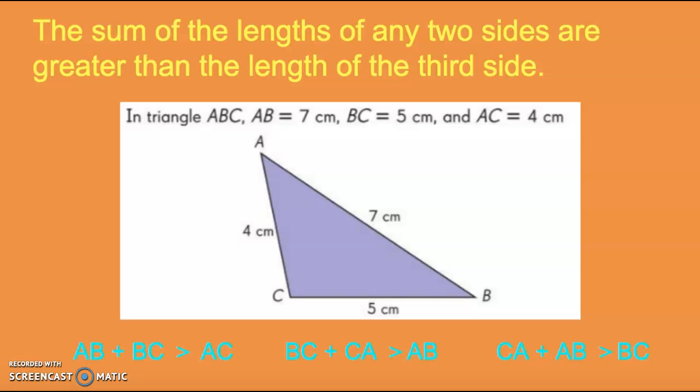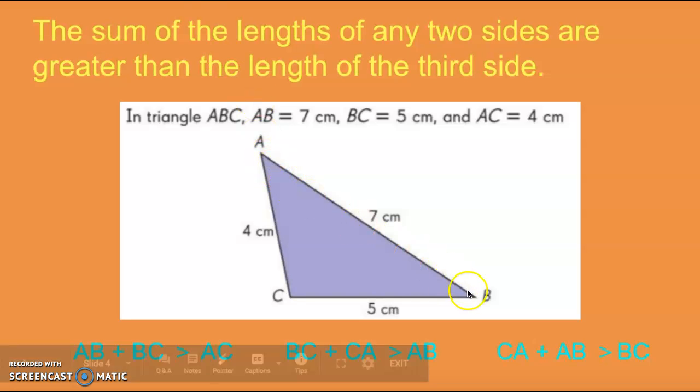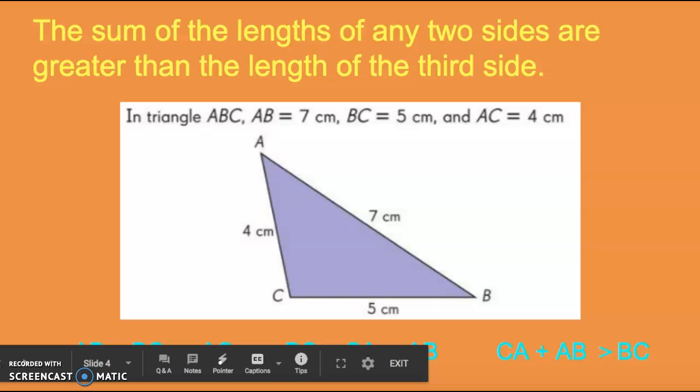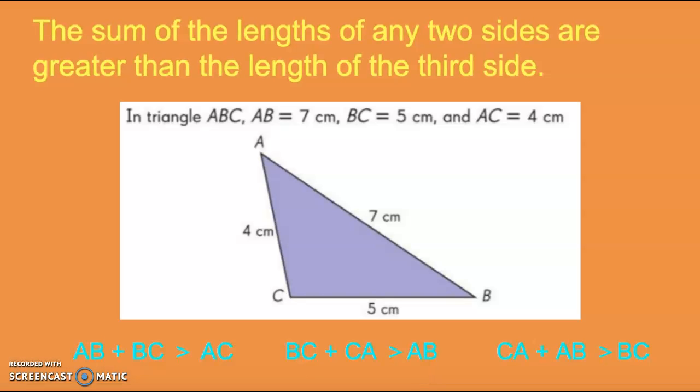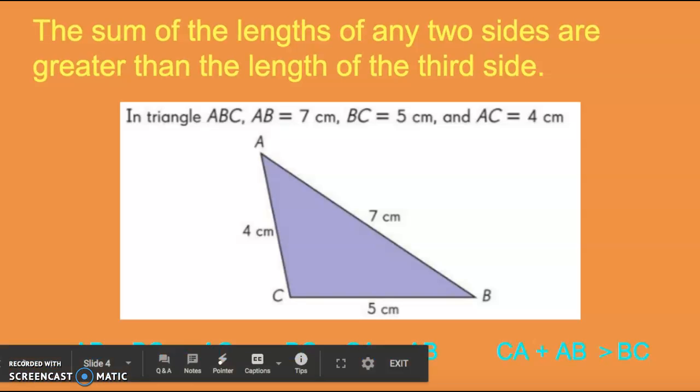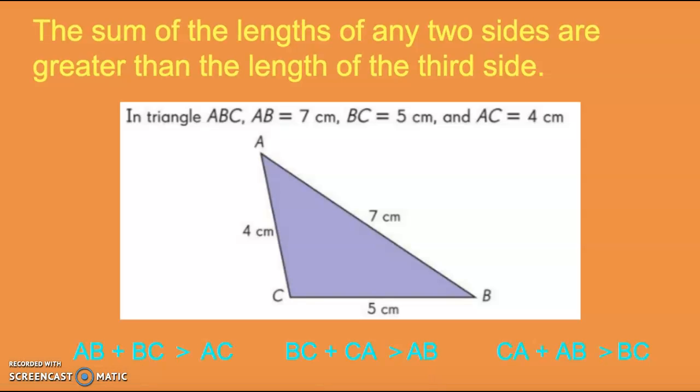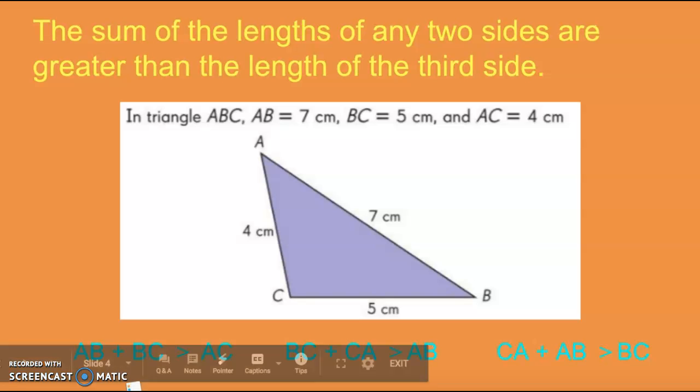Side AB together with side BC need to be greater than side AC. Likewise, side BC together with side CA need to be greater than side AB. And finally, side CA plus side AB together need to be greater than side BC. This is a rule of all triangles.